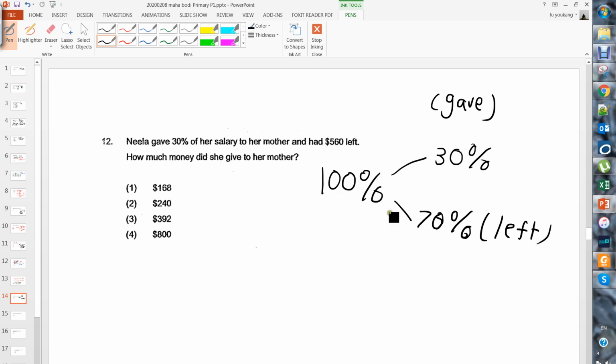Then it says she had $560 left. So that means 70% is 560. You remember what kind of question this is? 70% is 560.